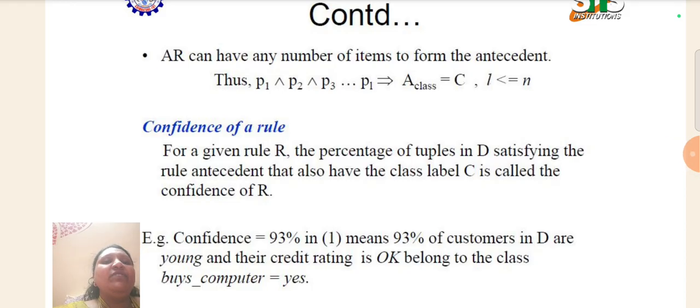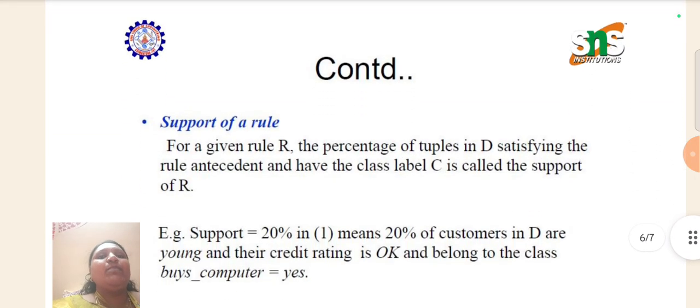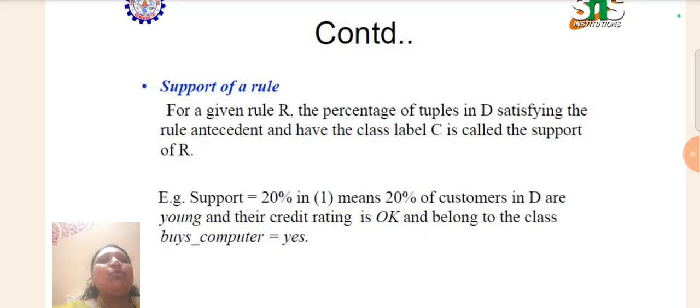For example, here we have a confidence of 93%, which means 93% of customers in the data set D are young and their credit rating is okay, so they belong to the class buys computer equals yes. This is one example of the confidence. Let's see about the support.